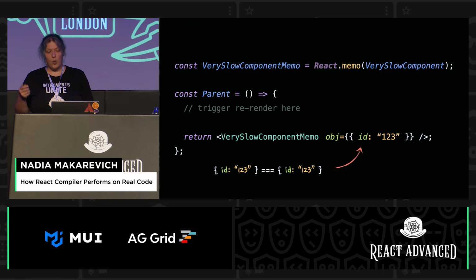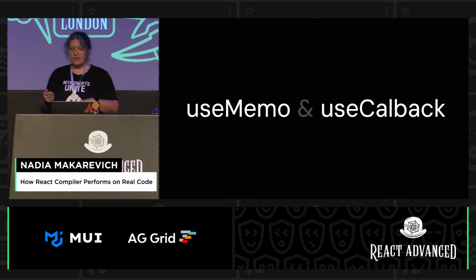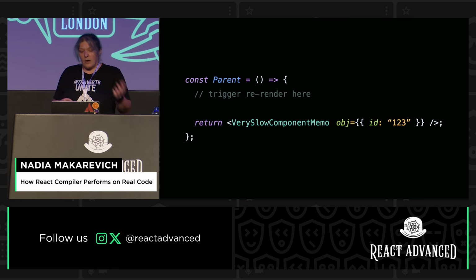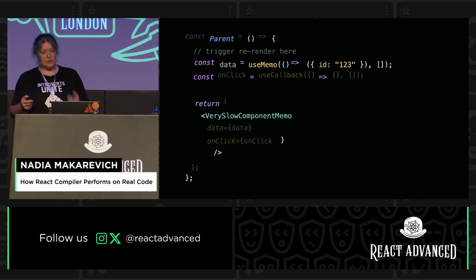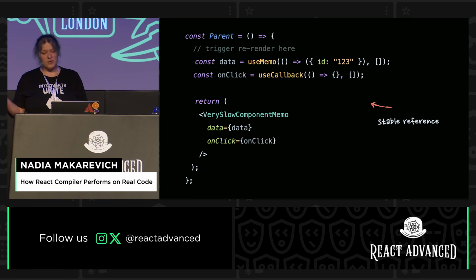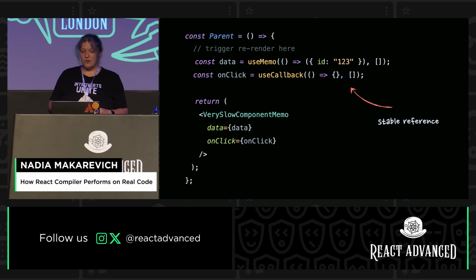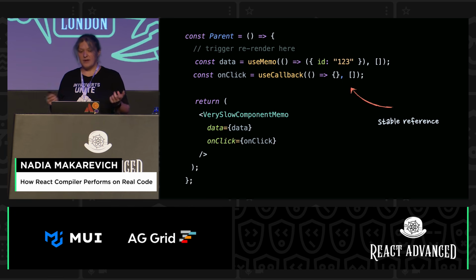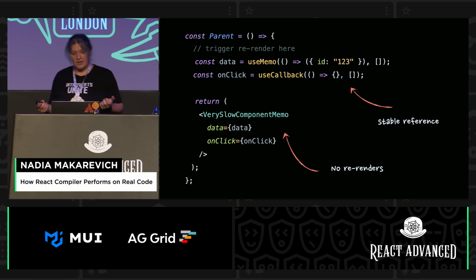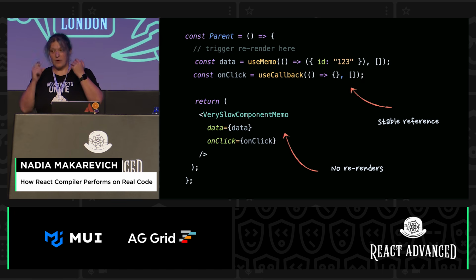To fix this, we have two hooks, useMemo and useCallback. We would wrap arrays and objects into useMemo, functions into useCallback, and then those hooks will preserve a reference to the values between the re-renders, and next time a re-render here in the parent happens, the very slow component will not re-render. And the chain of re-renders will be stopped.